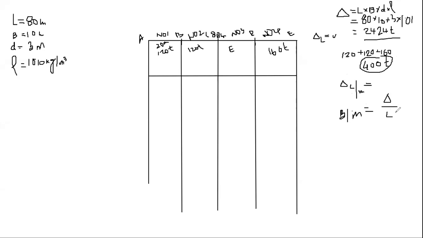So from there we can calculate what the buoyancy per meter will be, and then we can calculate the difference. It means now we have added the mass. Here it is 120, so 120 per meter will be 120 divided by 20. And this also will be 120 tons per 20.